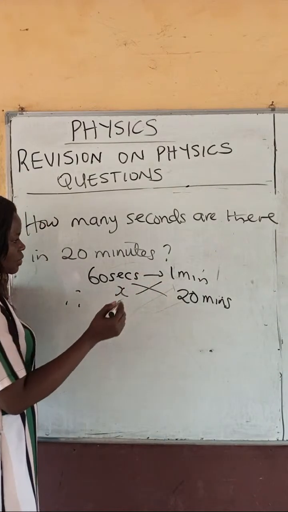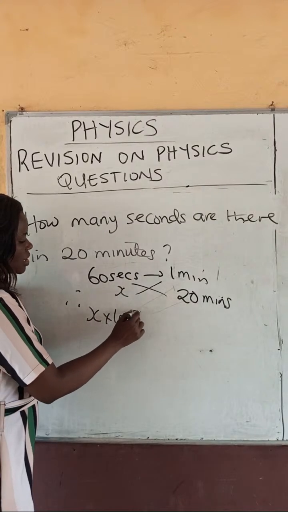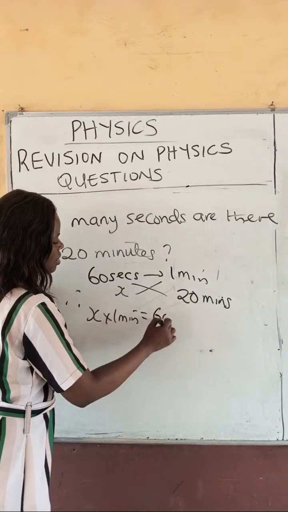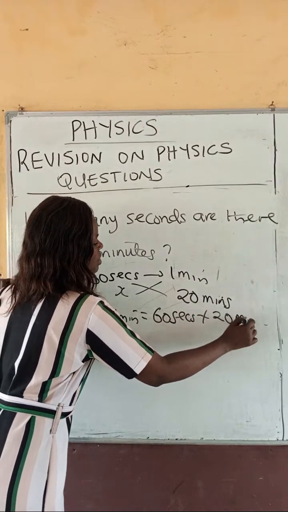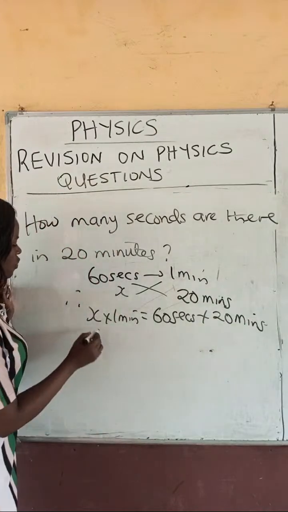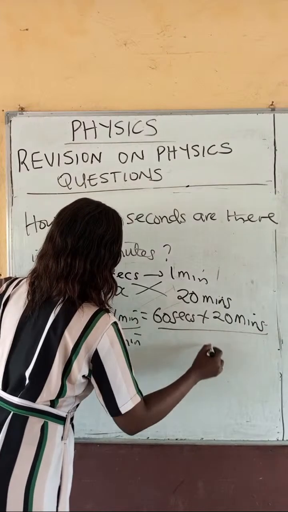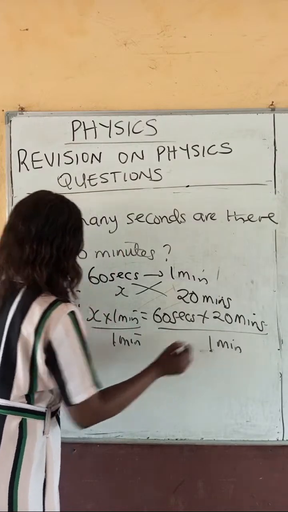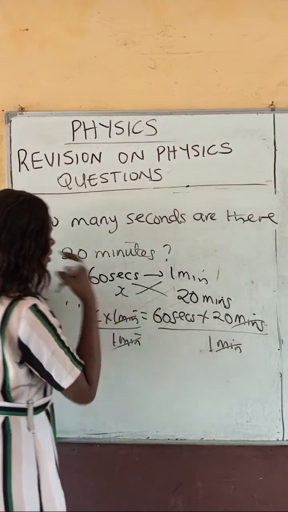Now, X times 1 minute is equal to 60 seconds times 20 minutes, right? We divide both sides by 1 minute. 1 minute cancels 1 minute, minute cancels minute, right?